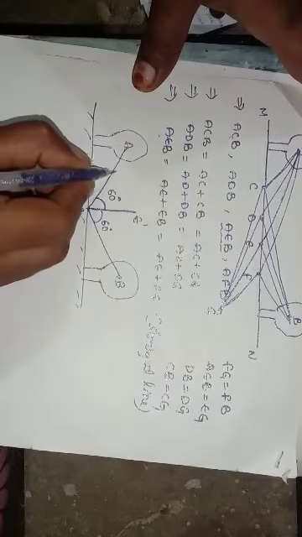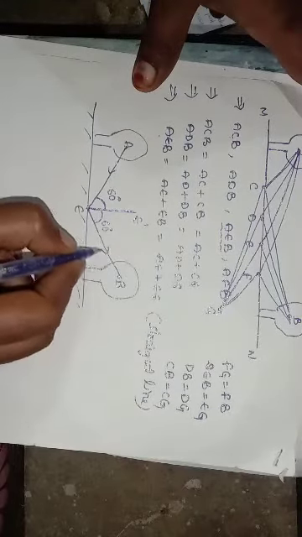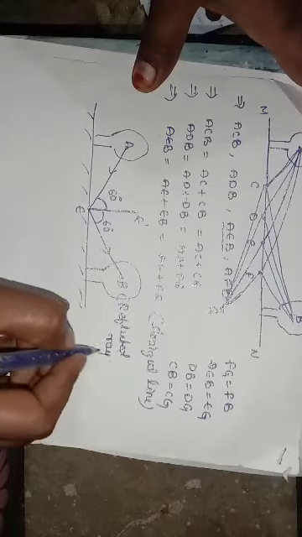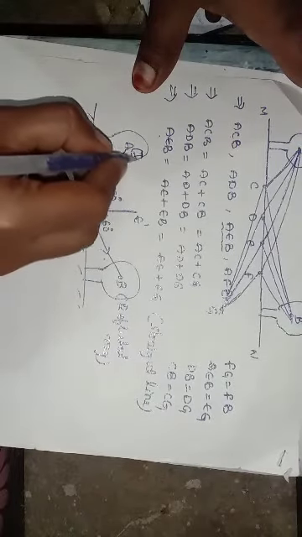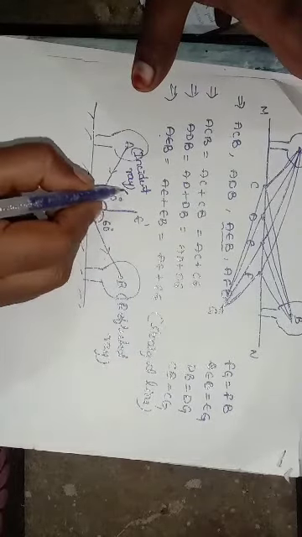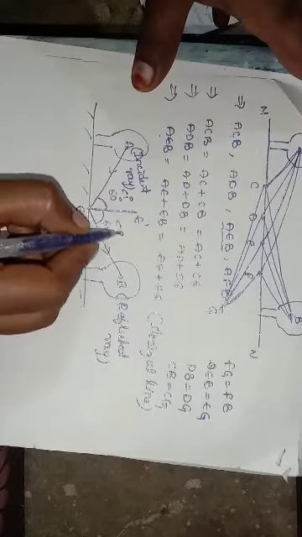Suppose let us consider this is the incident ray and this is the reflected ray. So this is the angle of incidence and the angle of reflection, always equal.